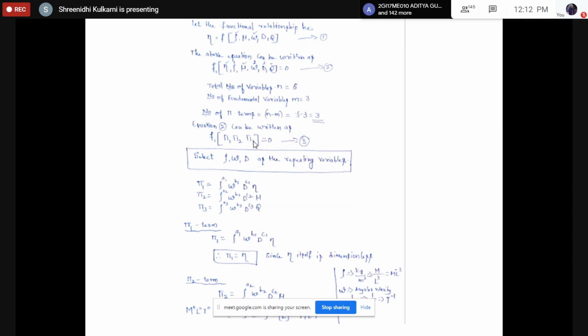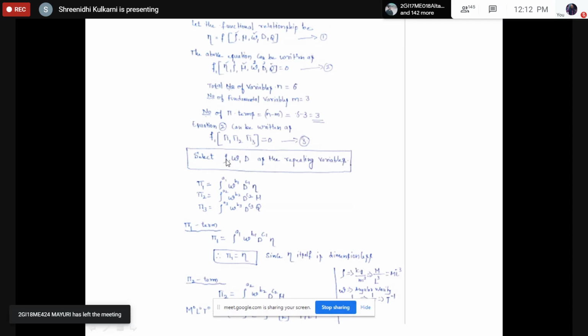How do we select the fundamental variables, the repeating variables? In this problem I considered rho, omega, d. But how are we going to select them?